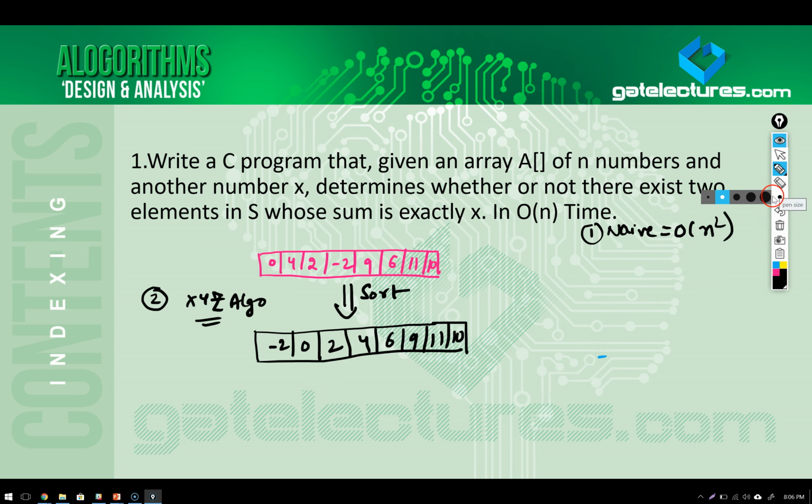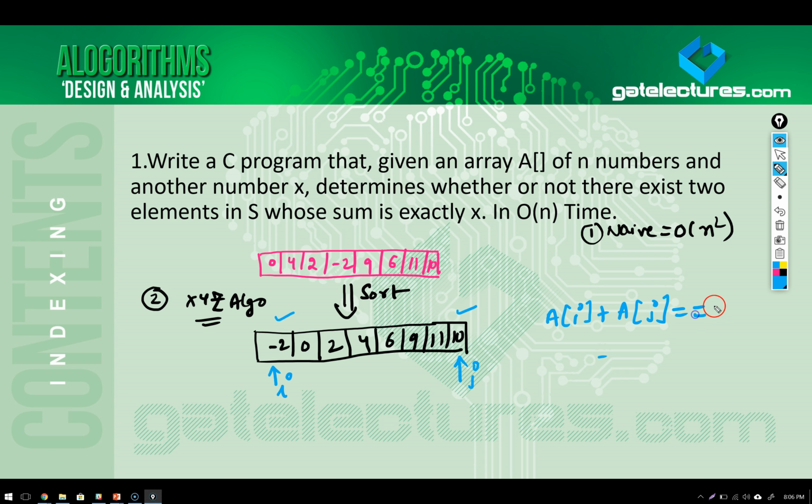After sorting, in this second approach, we are going to apply two variables. This is the first variable, which is I, and the second variable, which is j. What do I and j mean? We are going to check a of I plus a of j. That means we are going to add these two numbers.